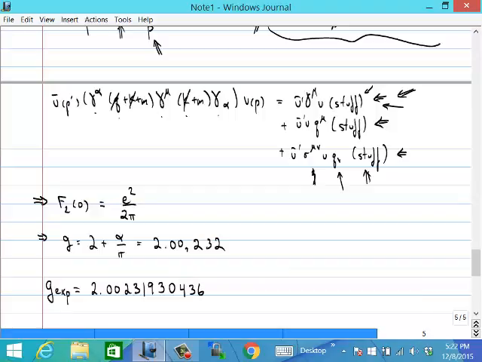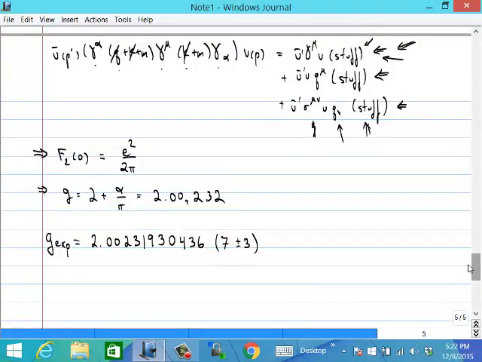So it's known to about 10 digits. And the last digit is a 7 plus or minus 3. So this is the experimental value of the magnetic moment of the electron. You can see that what we've done here is we've calculated the first correction. But in fact, you can actually use quantum electrodynamics to study higher order diagrams.